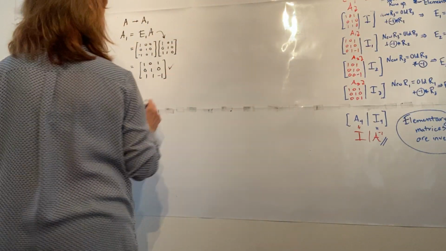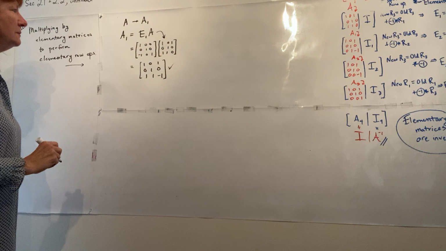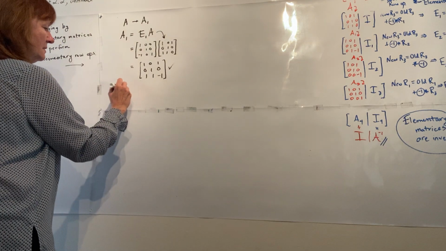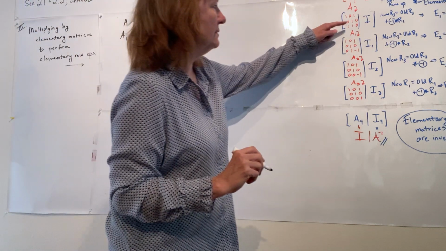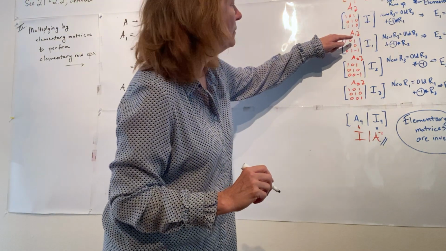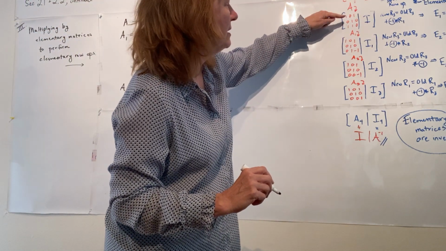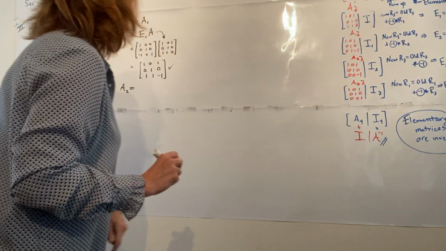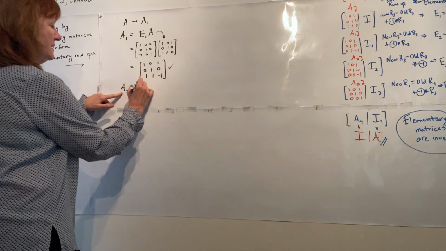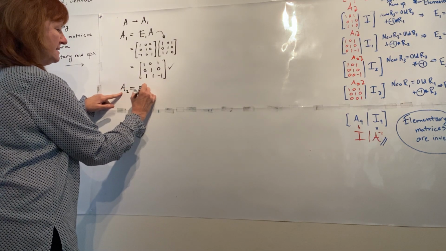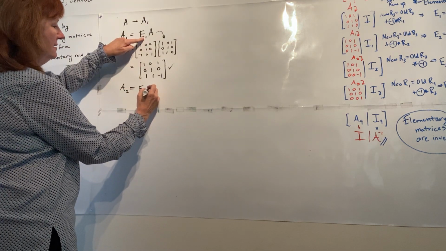Okay, and so on. A2 will just be equal to, if you remember, when we did the second row operation over here, we were performing it not on A, but on A1, right? So to find A2, we're going to take the elementary matrix E2 and multiply it by A1.